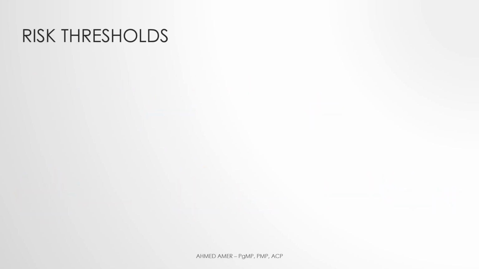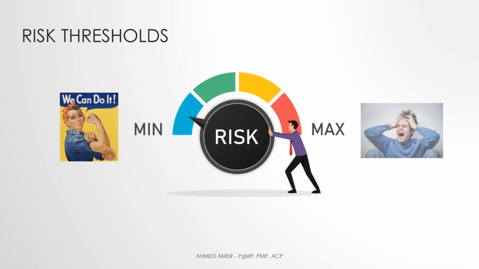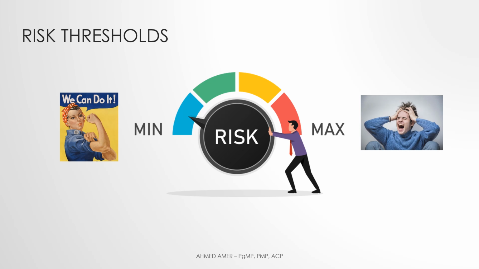PMI defines risk threshold as the measure of the degree of acceptable variation around a program objective that reflects the risk appetite of the organization and program stakeholders. In simple English, how far can we go off a program objective in an acceptable way by the organization and the stakeholders?